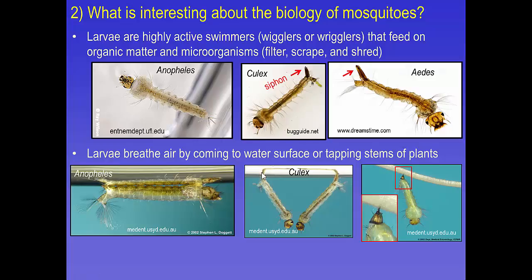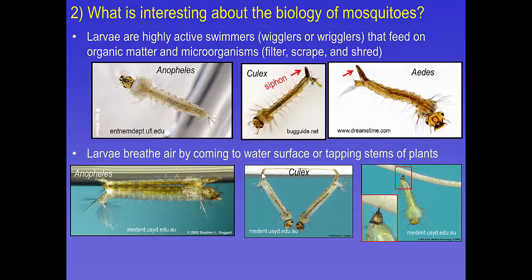Thus, the larvae need to come to the water surface to breathe, and you can kind of think of them as snorkeling. And this is why some mosquito control treatments involve the spraying of oil on the water surface. And this essentially suffocates the larvae because they cannot break through that surface tension with the oil layer on top of the water.